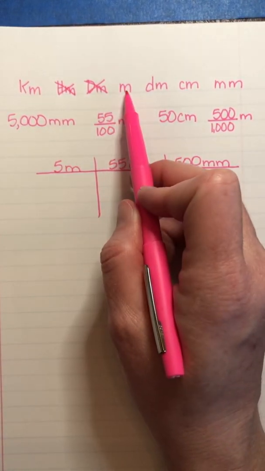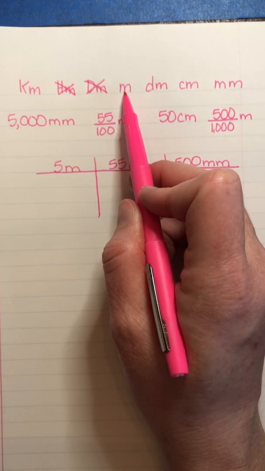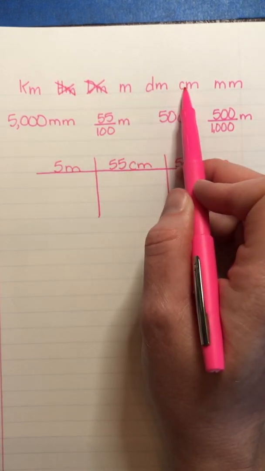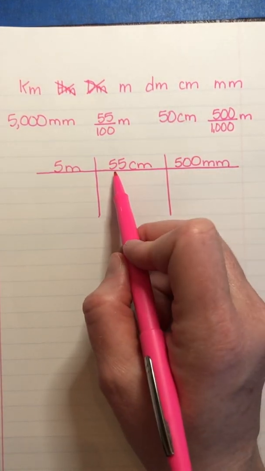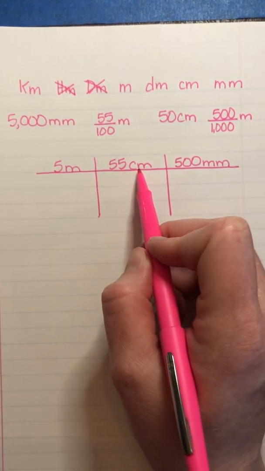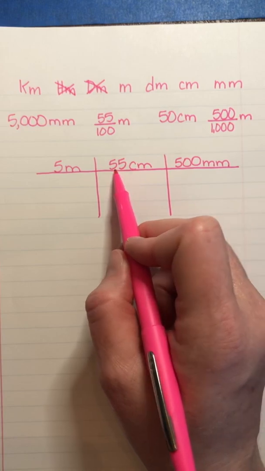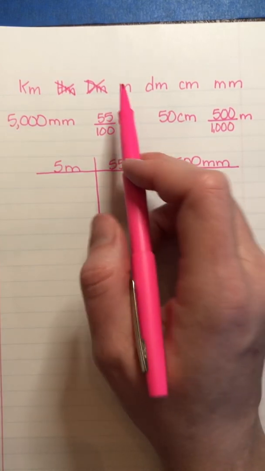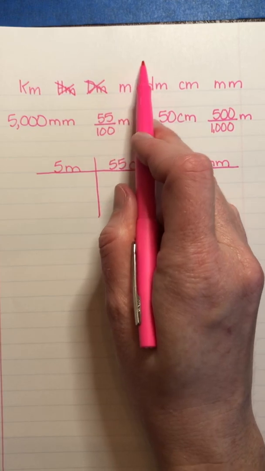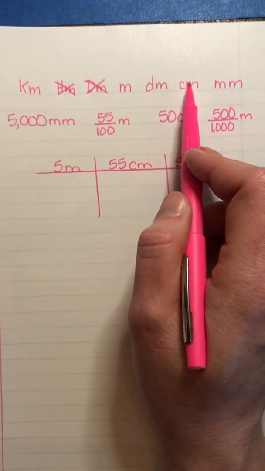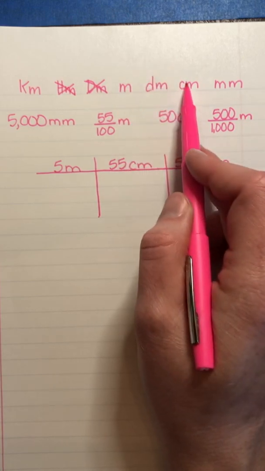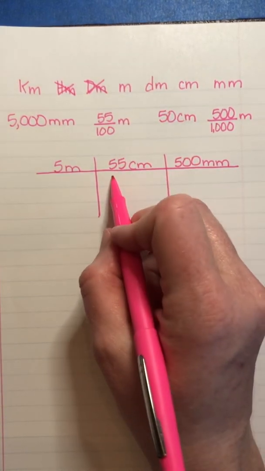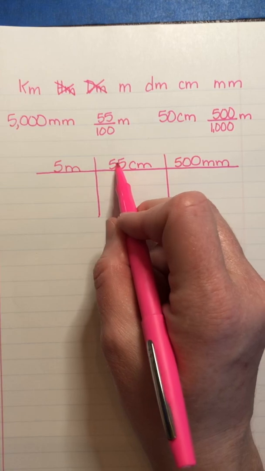So if I've got 55 hundredths meter, and I want to see what that is as a centimeter, well, didn't we just practice a minute ago? If I took 55 centimeters and made that a fraction, well, remember we go to meter, I have to skip and do a jump, so that would be times 10 times 10, so times 100, so that 100 would be my denominator, and then the 55 would be my numerator.